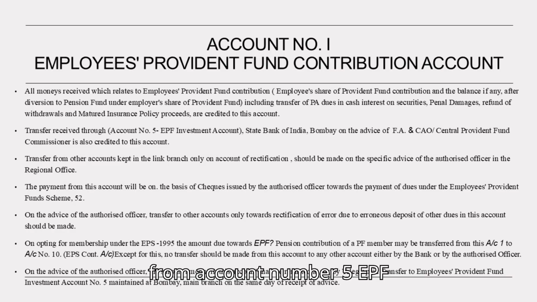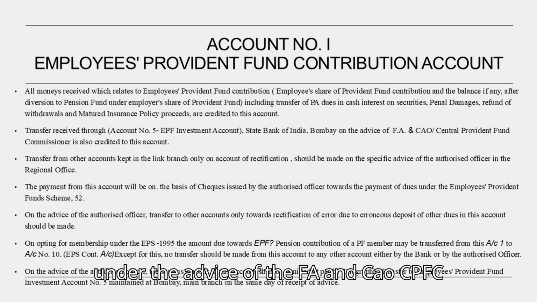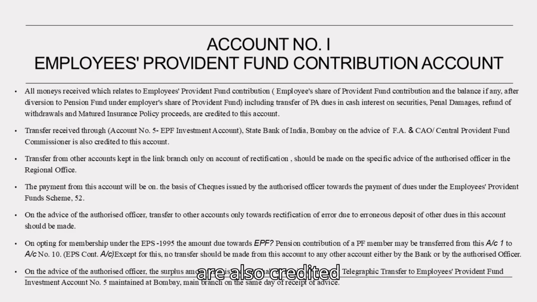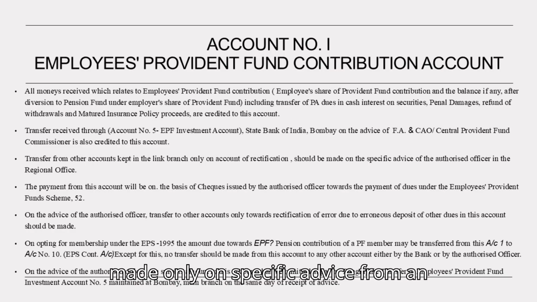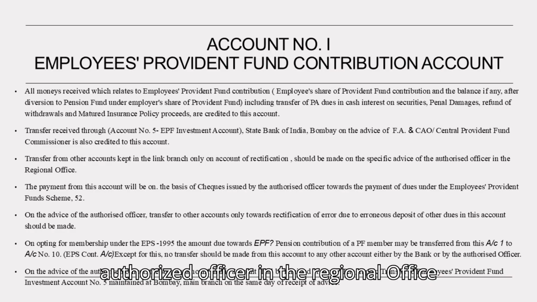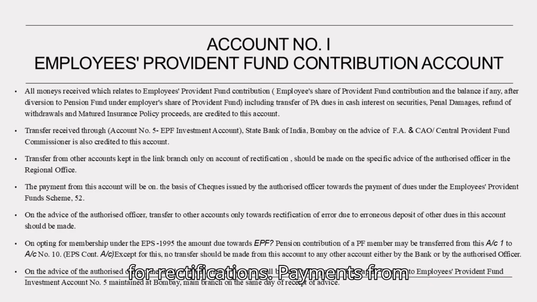Transfers from account number 5, EPF investment account, at SBI Bombay, under the advice of the FA and CAO CPFC, are also credited here. Any transfers between accounts held at the link branch must be made only on specific advice from an authorized officer in the regional office for rectifications.